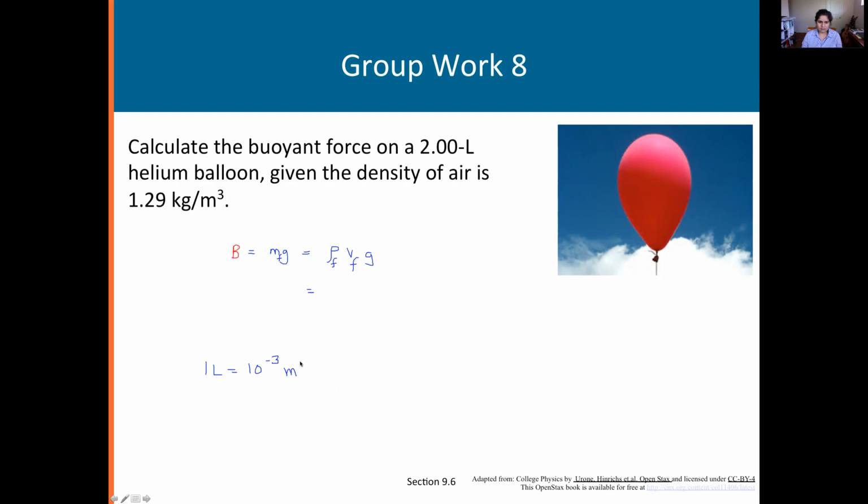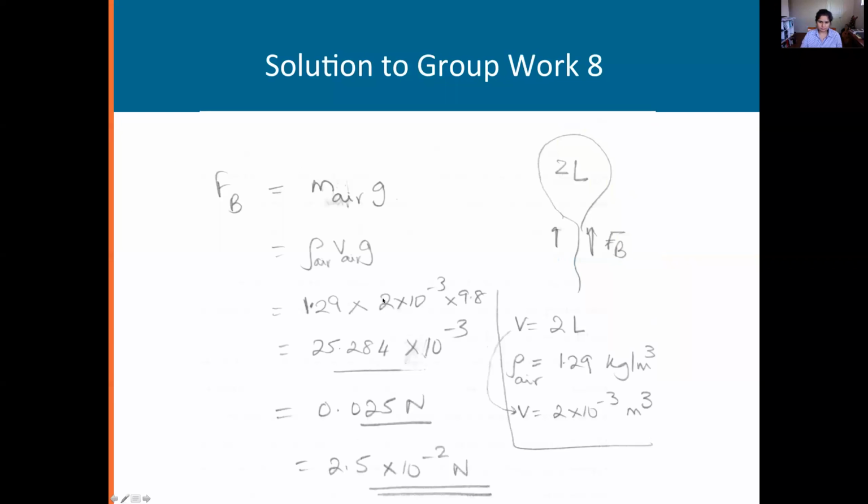You're going to need this conversion. And then you know g. So you should be able to work this out using your calculator. Substitute in the values, and you should get the buoyant force as 2.5 times 10 to the minus 2 newtons.